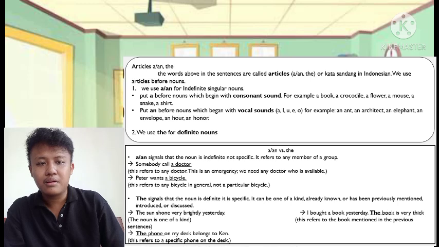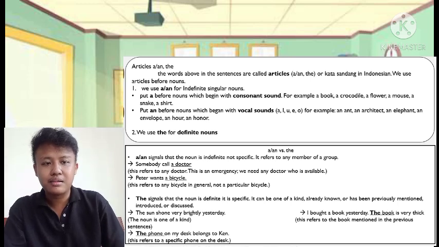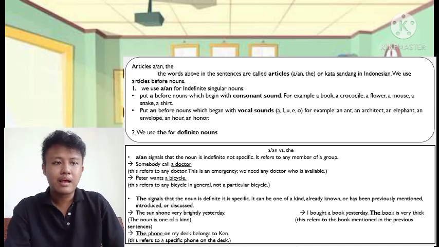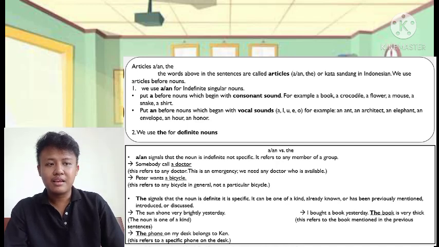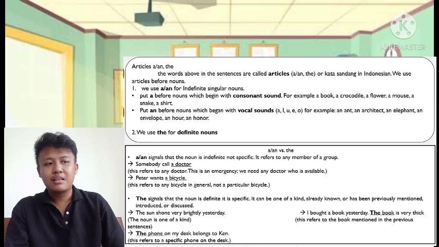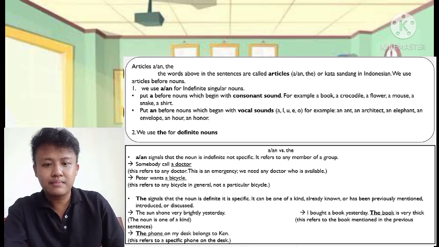The phone on my desk belongs to Ken. This refers to a specific phone on the desk. Number three, I bought a book yesterday. The book is very thick. This refers to the book mentioned previously.